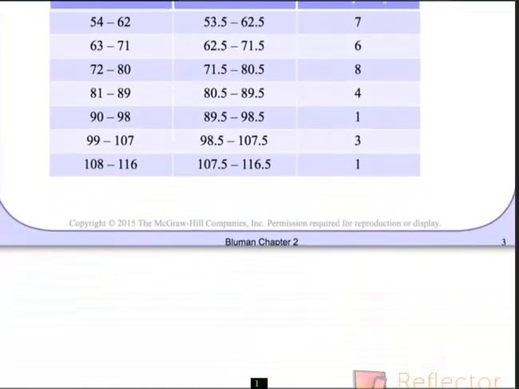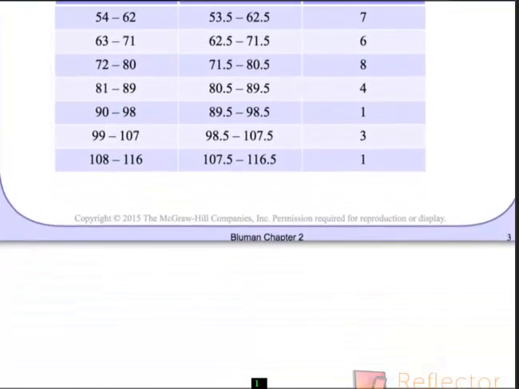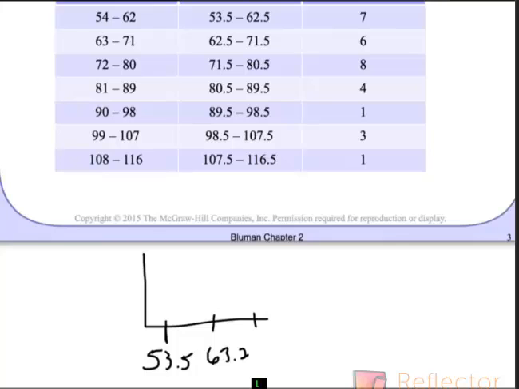So when we start to draw this, here is my lowest boundary, my 53.5, and then I'm going to have my 62.5, then I'll have my 71.5, and I'll continue on down until my 116.5 along the x-axis.